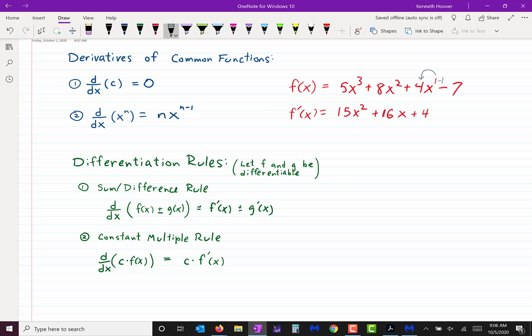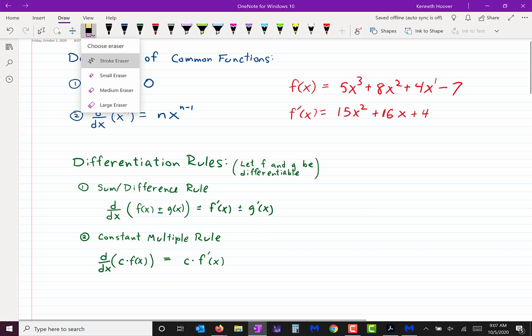And so we just have 4 times 1, which is 4. And the last one is a constant, and so its derivative is 0, and so it doesn't contribute anything to the derivative. So there we have 5x cubed plus 8x squared plus 4x minus 7. The derivative is 15x squared plus 16x plus 4.